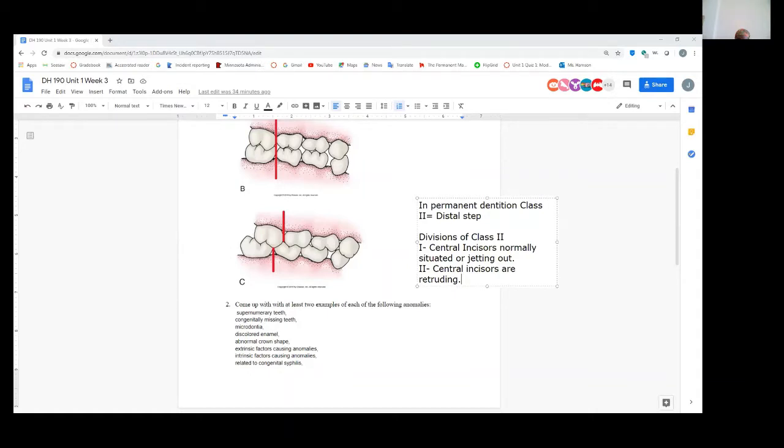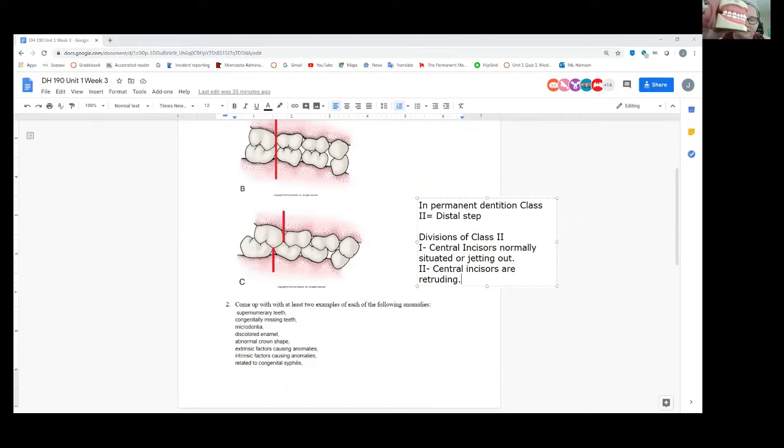So if I take my model here, we are going by the first molars. These are the first molars. This is a class 1. Do you see how that mesial buccal cusp of the maxilla is lined up in the buccal groove of the mandible?